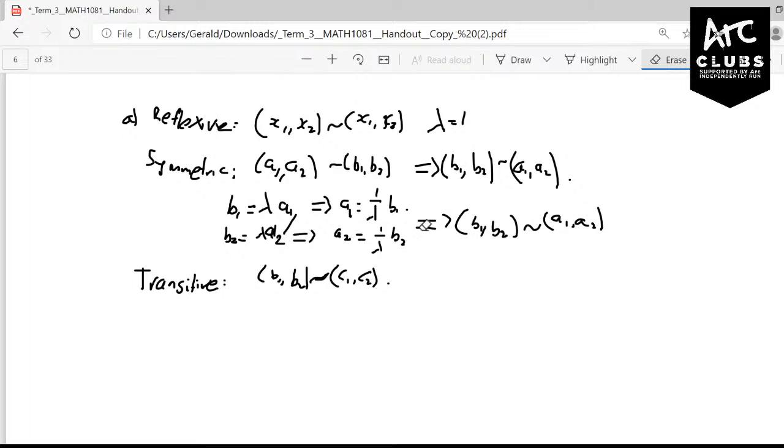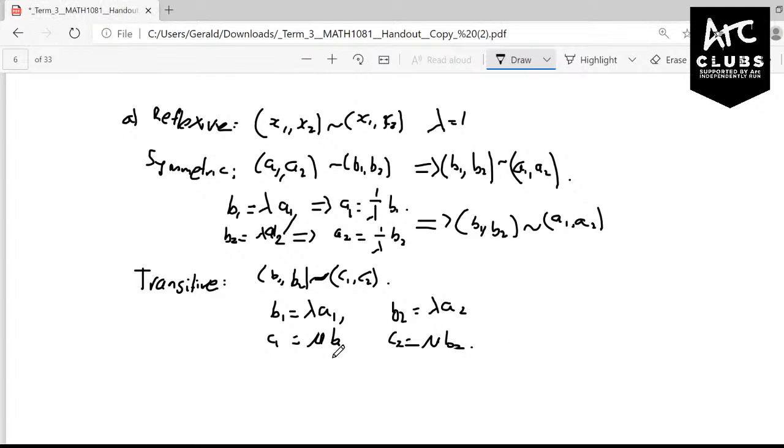So we have B1 equals lambda A1 and B2 equals lambda A2, and we also have C1 equals mu B1 and C2 equals, or maybe not lambda, sure, this is mu, B2.